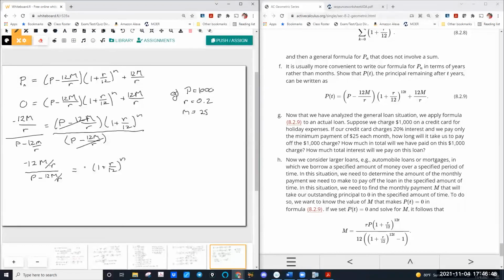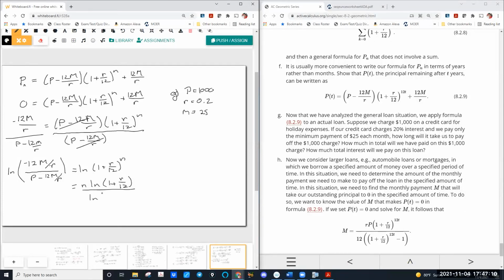So this is going to use logarithms. You can use the common log or natural log. I like using natural log. So I take ln of both sides. That allows me to put that N out front. So I have N times natural log of 1 plus R over 12 on the right-hand side.